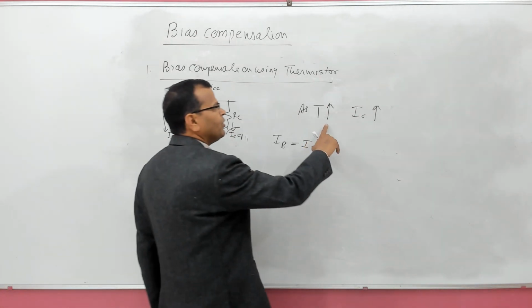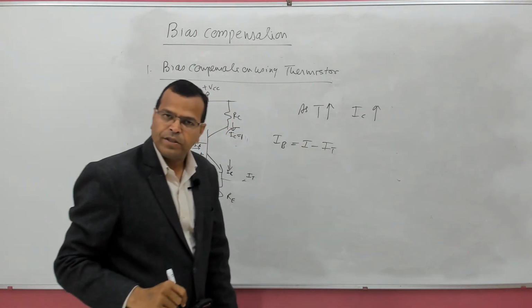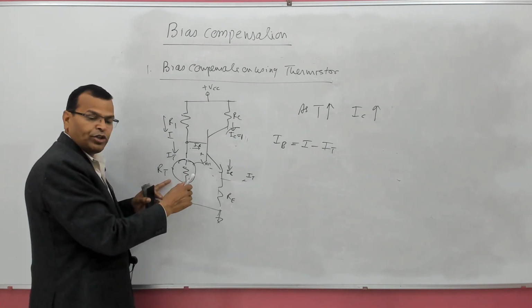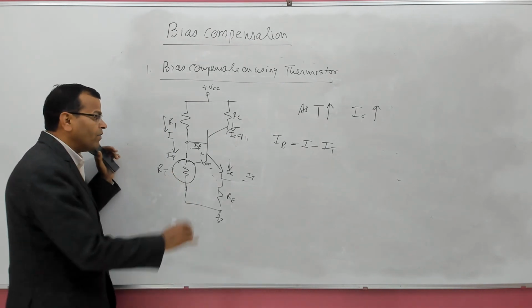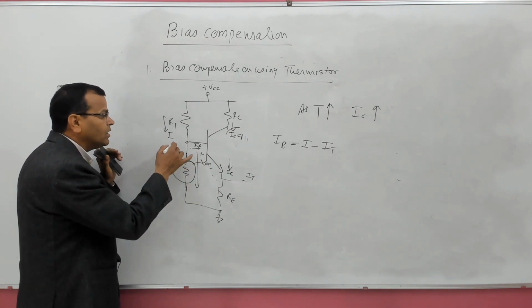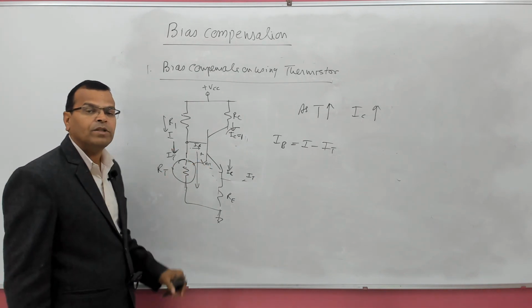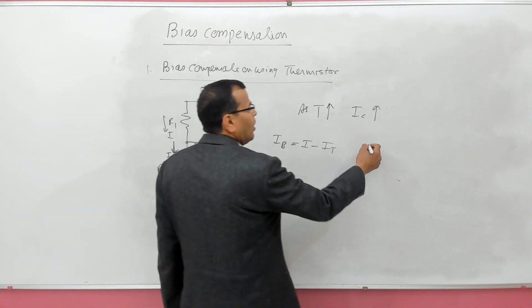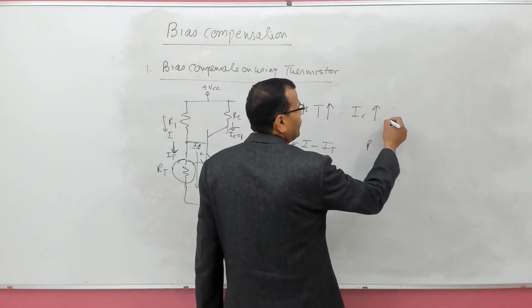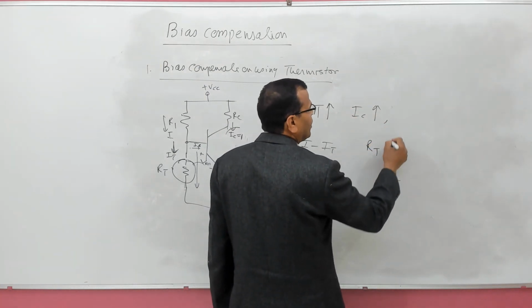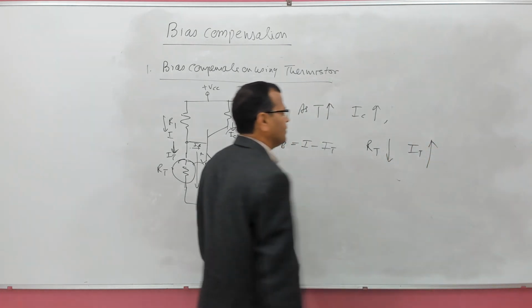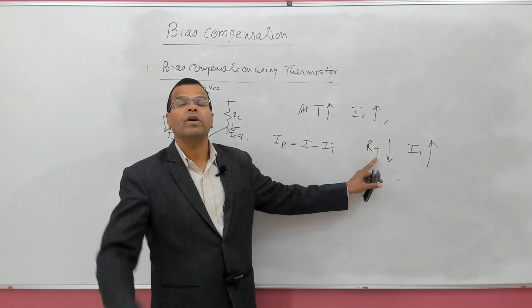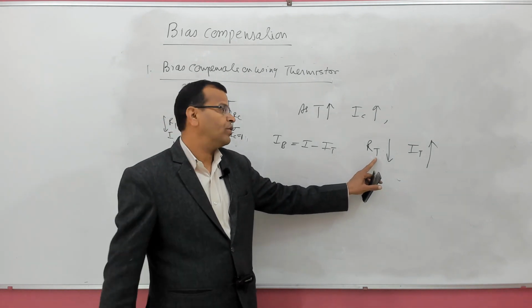So as temperature increases, IC will increase. But as temperature increases, the resistance of the thermistor will decrease. And when the resistance of the thermistor decreases, the current through the thermistor will increase, because it is a negative temperature coefficient device.